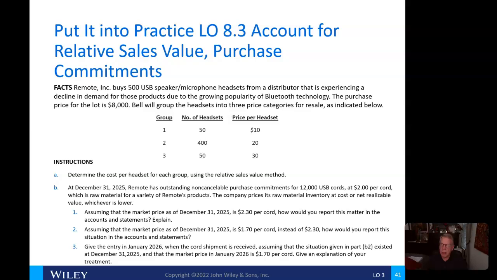And finally, 3, give an entry in January 2026 when the cord shipment is received, assuming the situation in number 2 existed at December 31, 2025, and the market price in January 2026 is $1.70 per cord. Give an explanation of your treatment.